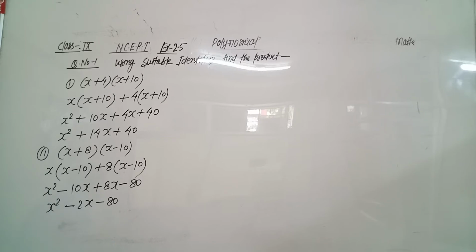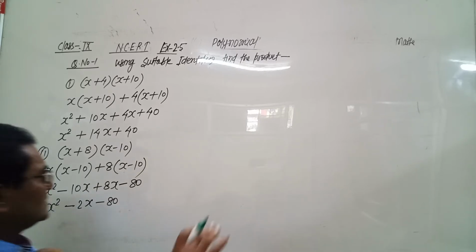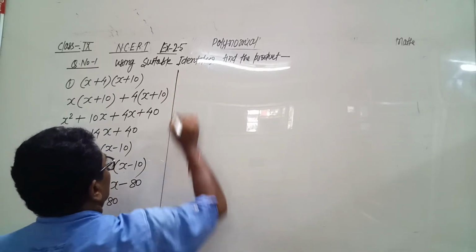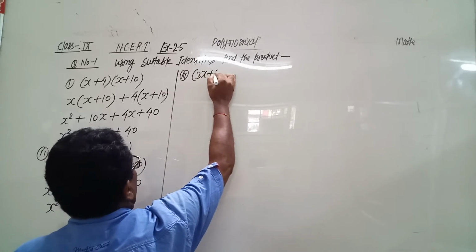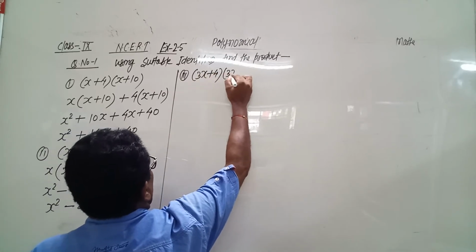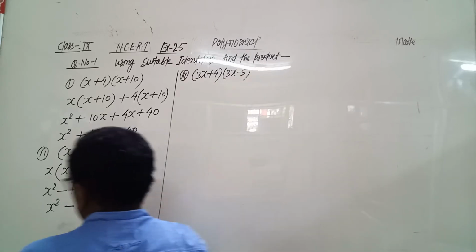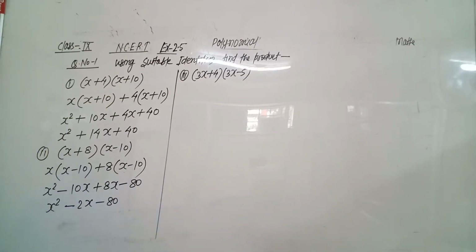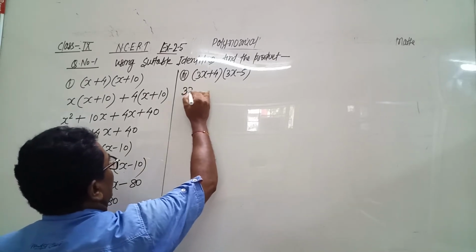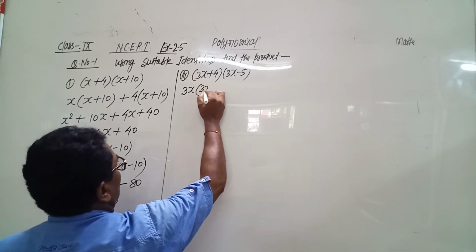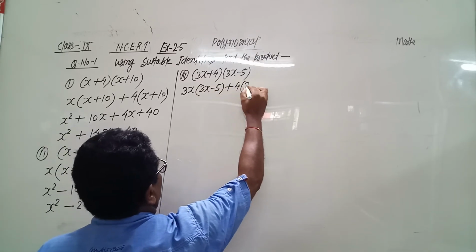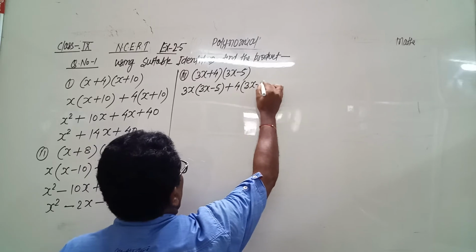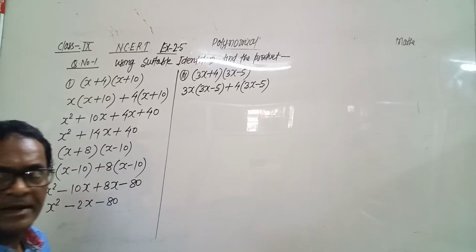Now the third part is 3x plus 4 multiplied by 3x minus 5. In the same way, we will do this question also. We write the first term of the first bracket with the second bracket, then the second term of the first bracket with the second bracket.